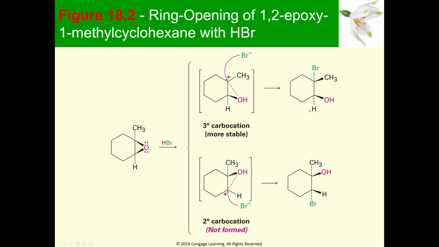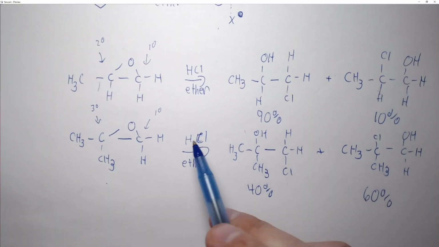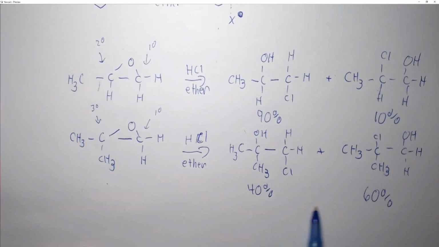You only form the product where the bromine is on the tertiary carbon. In our example, our choices were between a primary and a tertiary, and we get a mixture of both, saying that this mechanism is somewhere between SN1 and SN2.